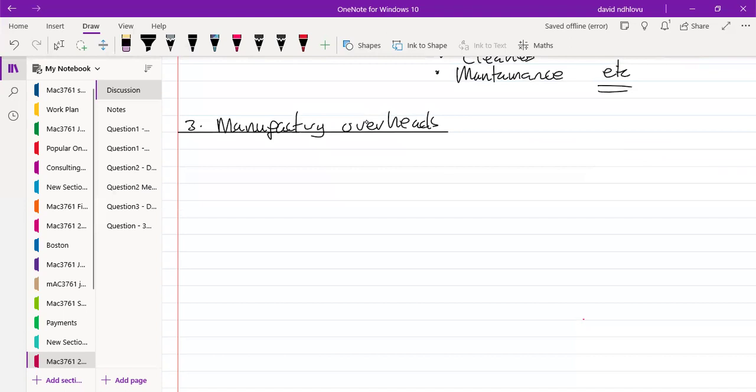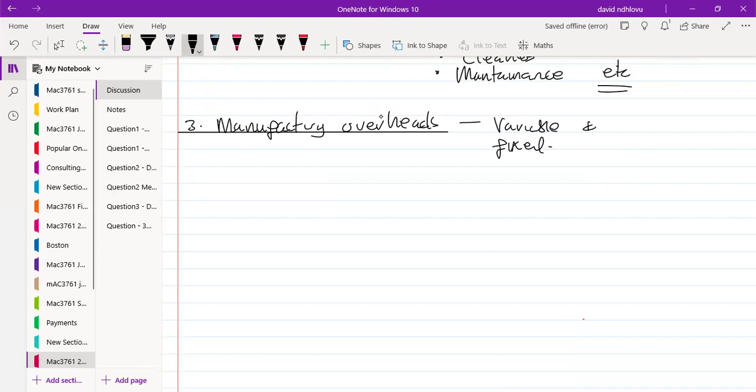So we have manufacturing overheads, both variable and fixed. Fixed can be your rent, supervisor salary, production manager salary if these are not linked to the number of units produced. It means these people are earning fixed salaries. And then you've got your variable overhead cost.